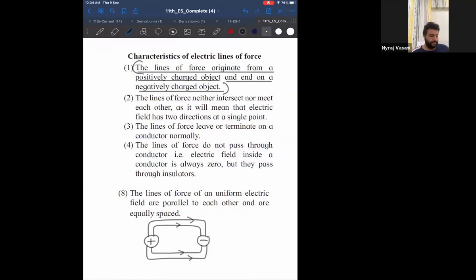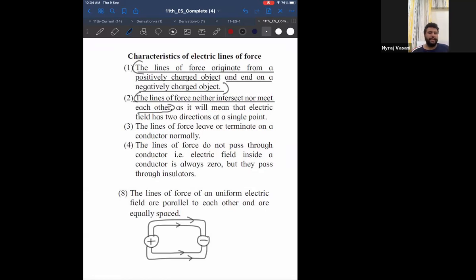Second point, listen to this. The lines of force neither intersect nor meet each other. That's it. Did you understand? Actually, not intersect means does not meet each other only, correct? What do you mean by lines are not intersecting? Means they are not meeting each other, correct? Therefore, write down.